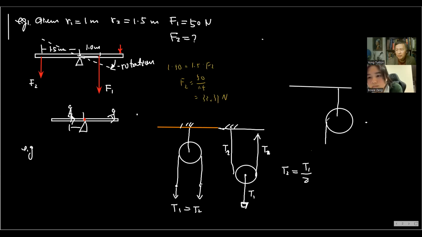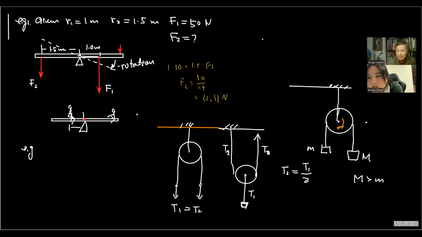If you put a different weight here, you will decide which direction this wheel will move. Can we call this M1? This capital M is larger than small m. So which direction, just common sense, will this wheel rotate? To the larger M side. Yeah, it will rotate in this direction.